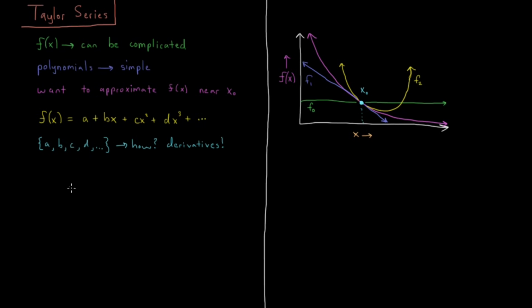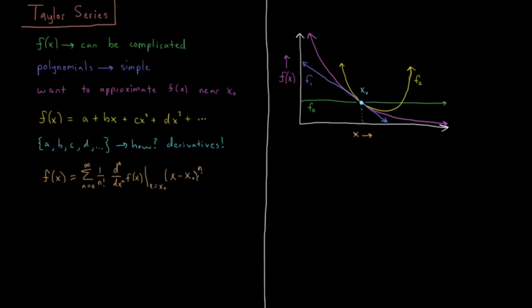So we're going to define a Taylor series as a function which we can define as a sum from n equals 0 to infinity of 1 over n factorial times the nth derivative of f of x evaluated at x equals x naught, times x minus x naught to the n.